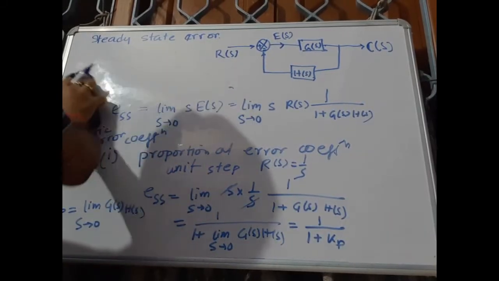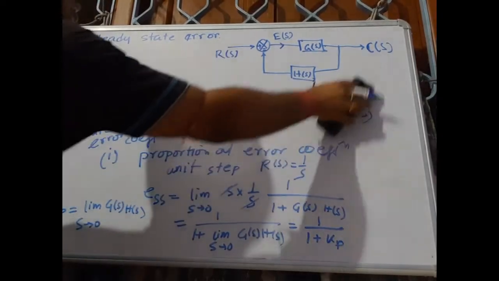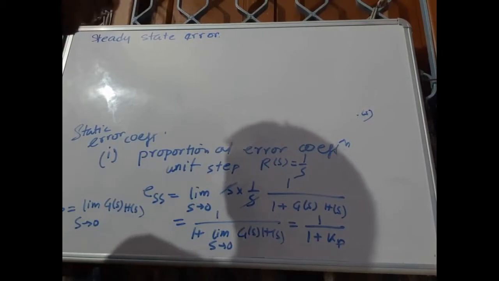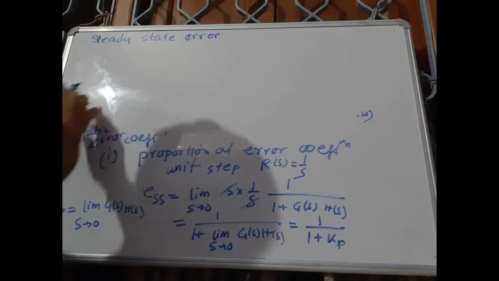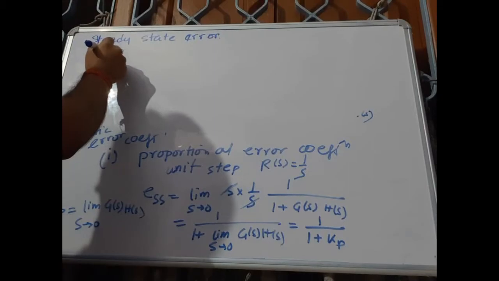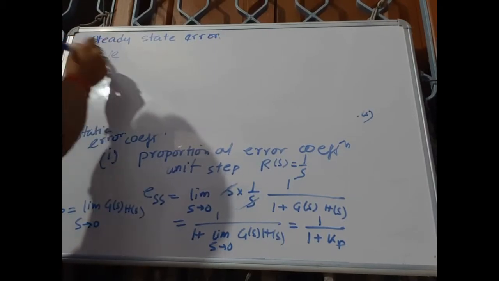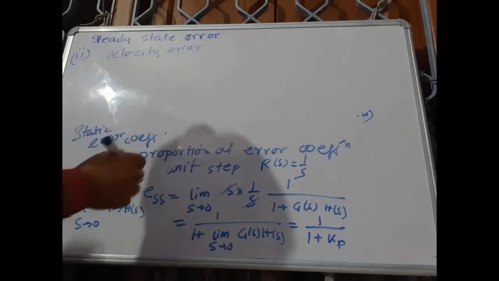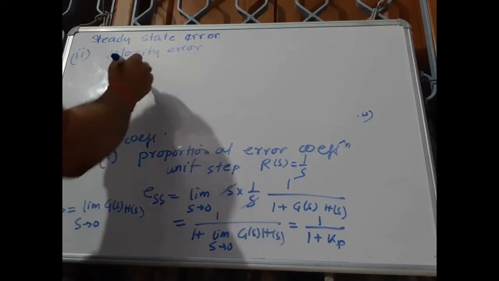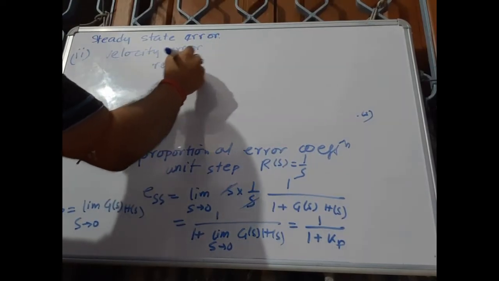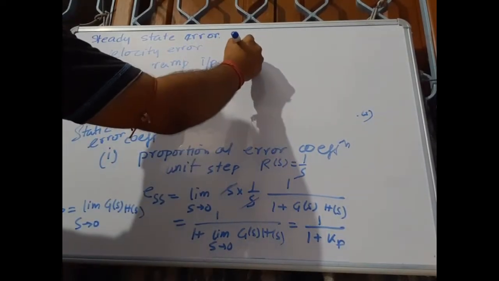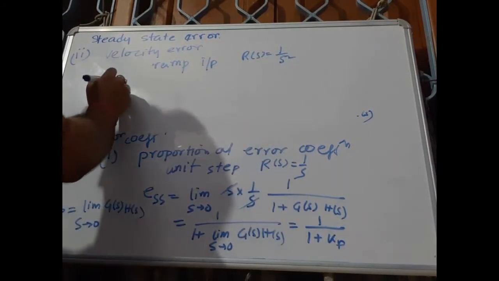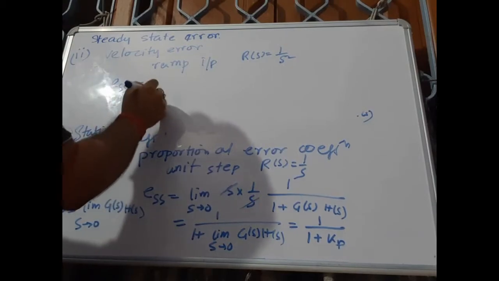Now if I write the static velocity error, for velocity error we have ramp input, means R(s) is equal to 1 by s square, right? Now what will be the value of steady state error?